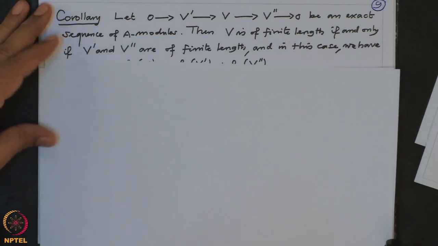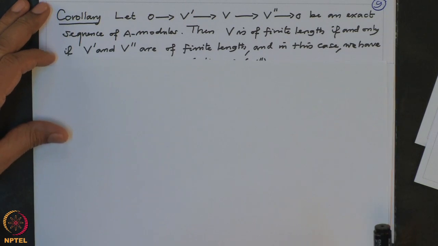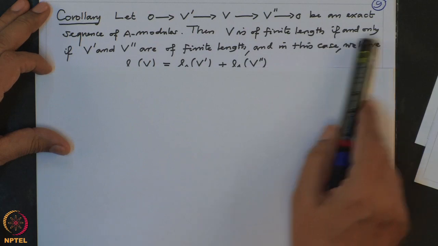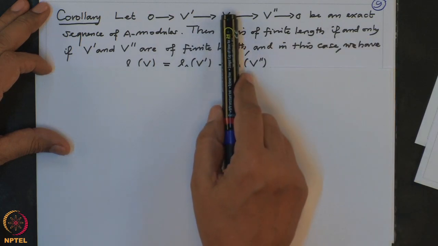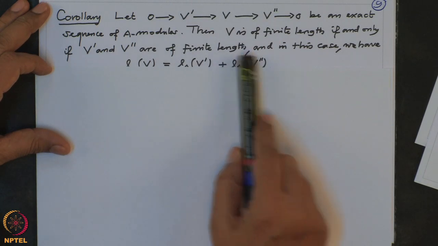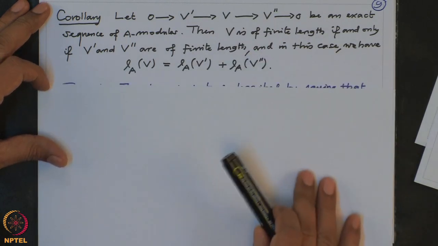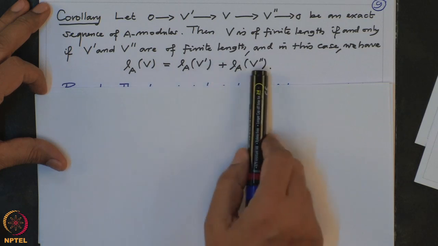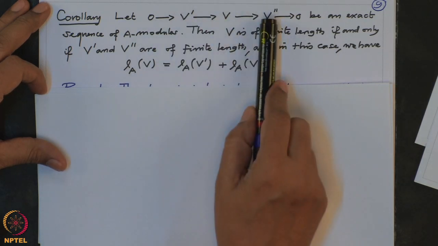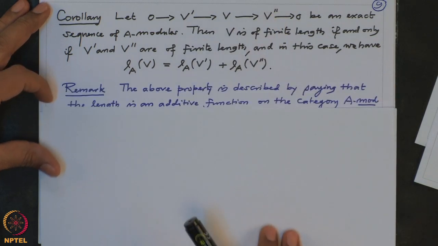Now, the assertion is: V is of finite length if and only if the outer ones are also of finite length, and in that case the length is additive. That means the length of the middle one is the length of V' plus the length of V''.